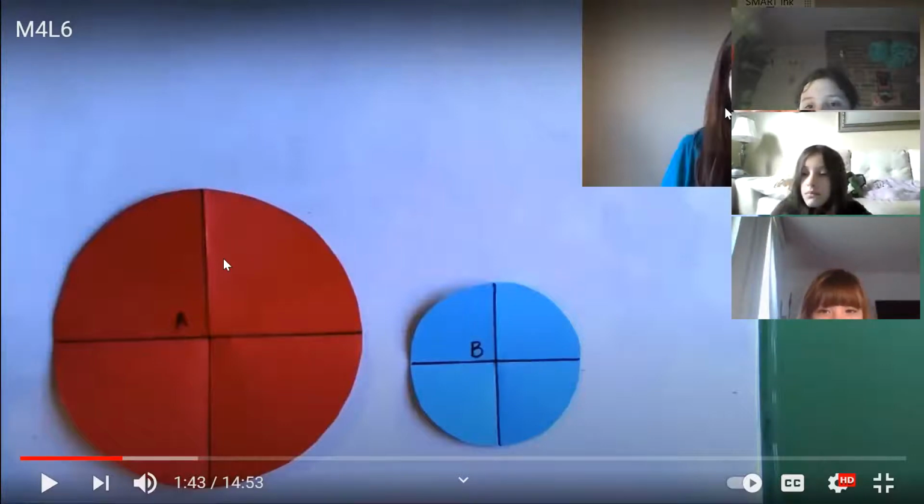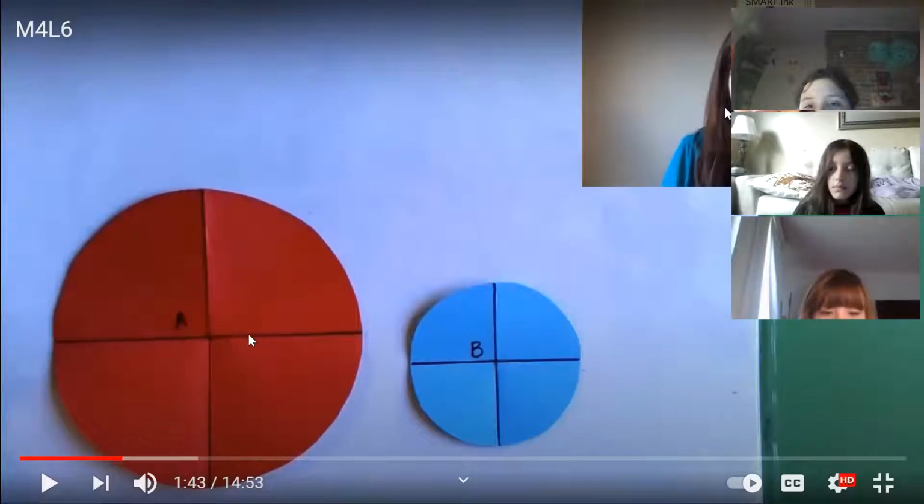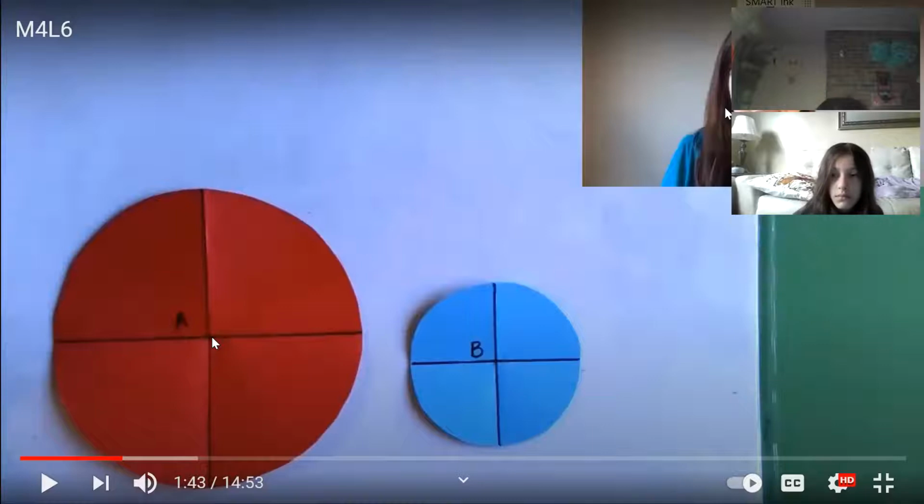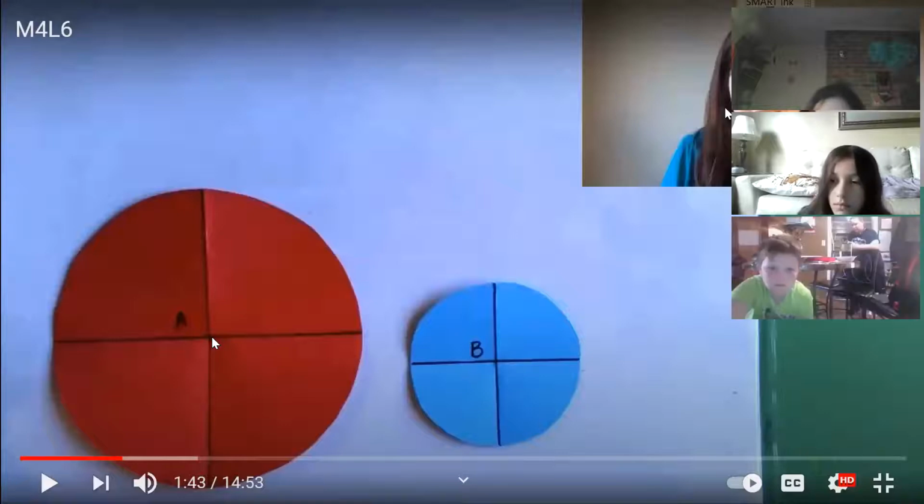No. So if you measured, Nina, from here to here, it looks like a perfect L or a square. So what is the measure of that angle? It's a right angle. What does it measure?